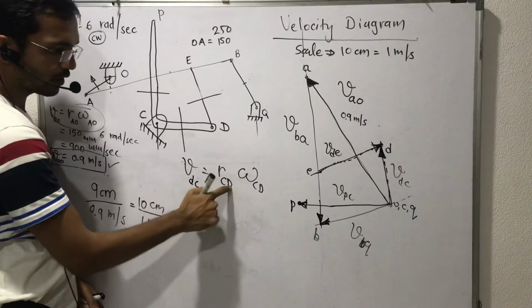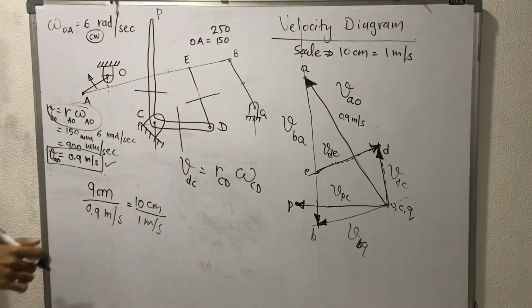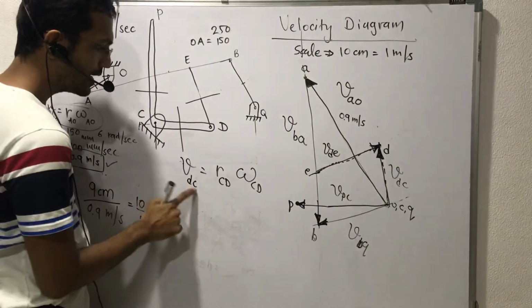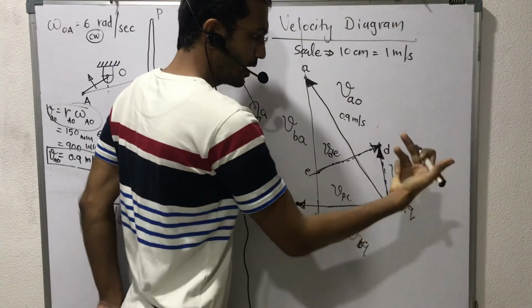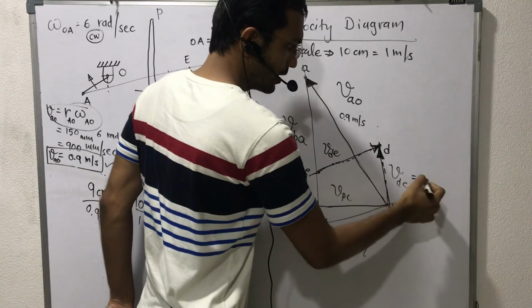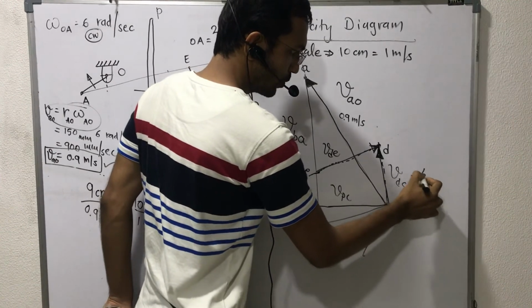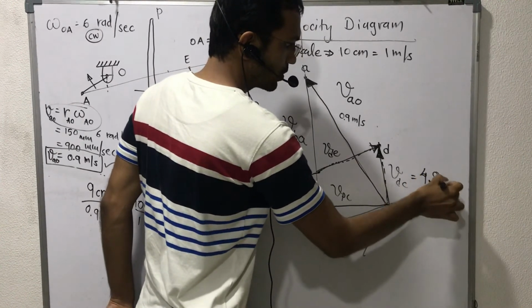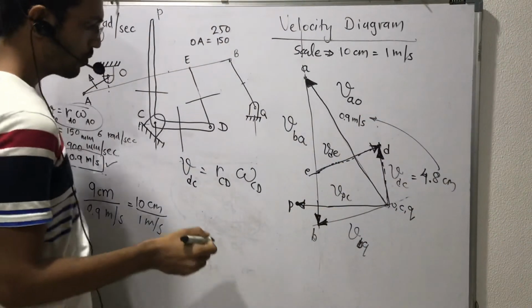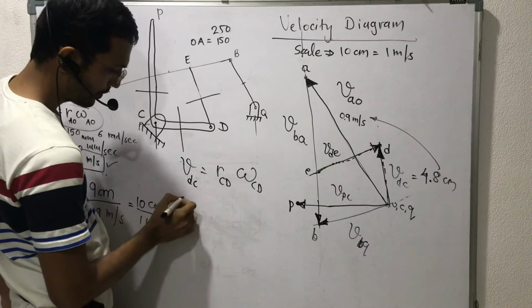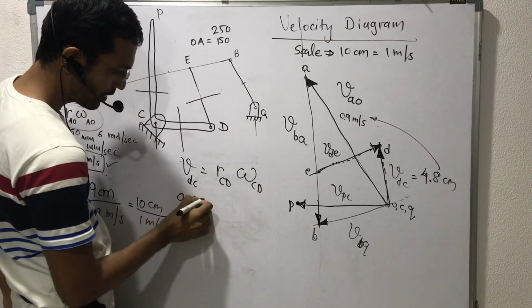Small letters for velocity, capital letters for the configuration diagram. Velocity of DC we don't know. So where is DC? Yes. Measure this distance. Let's consider it is 4.8 in centimeters. So the velocity will be approximately 0.48, so 0.48 meter per second.